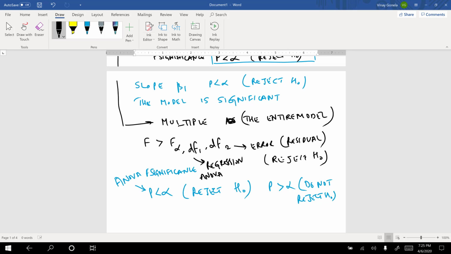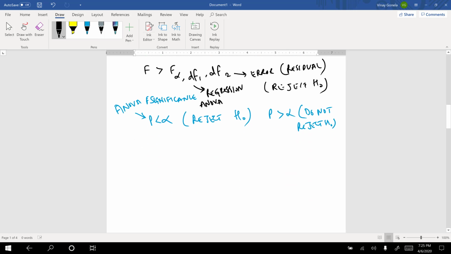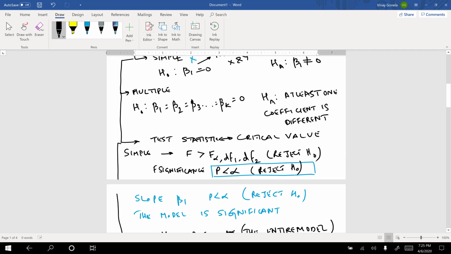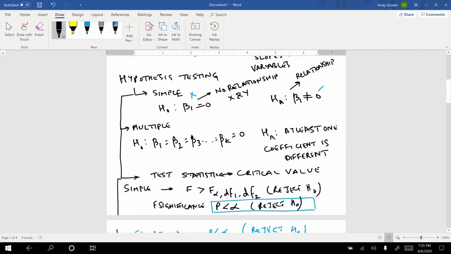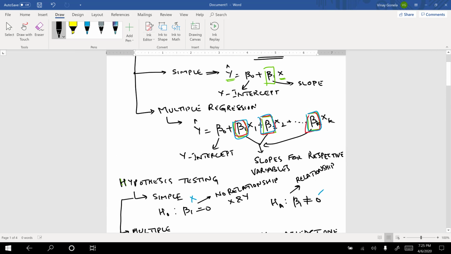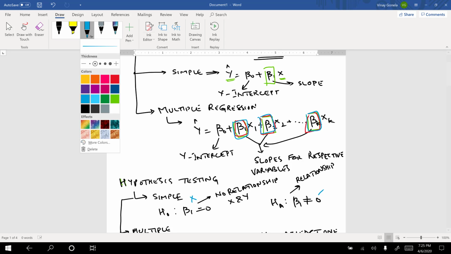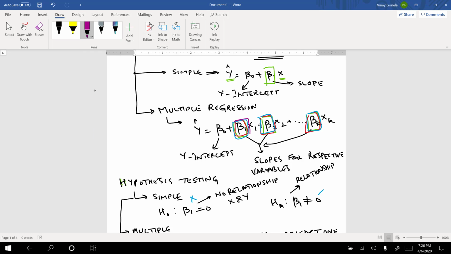So for each variable, we wanted to not only know whether the model is good, we wanted to know about these variables. Is this variable significant, or is this variable significant?